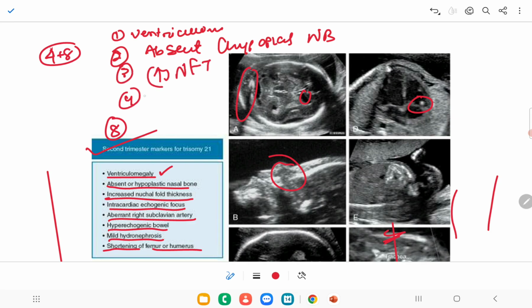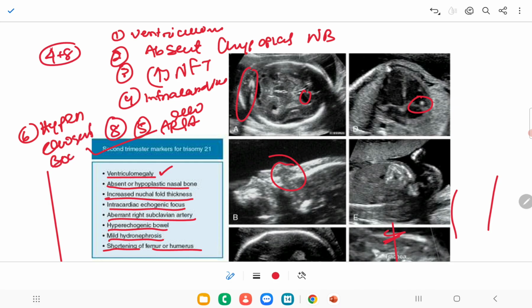Fourth is intracardiac echogenic foci, fifth is aberrant right subclavian artery, ARSA. Sixth is hyperechogenic bowel. Seventh is mild hydronephrosis. Eighth is short bone, that is humerus or femur. These are the soft markers in the second trimester.